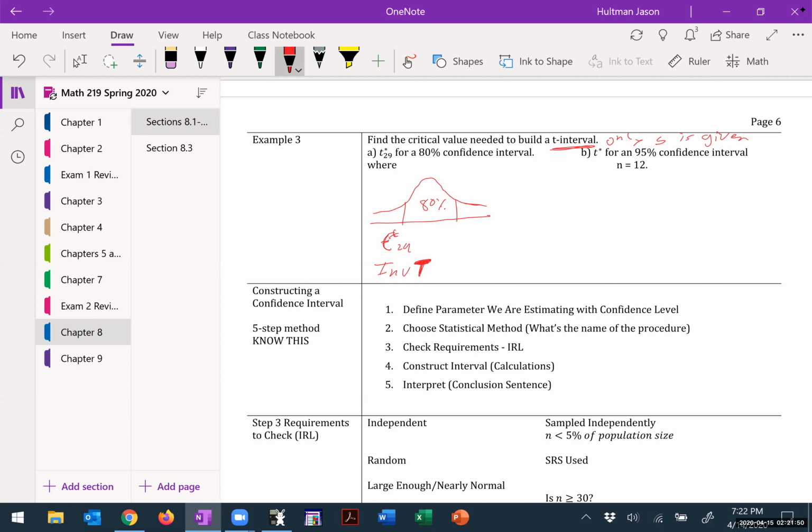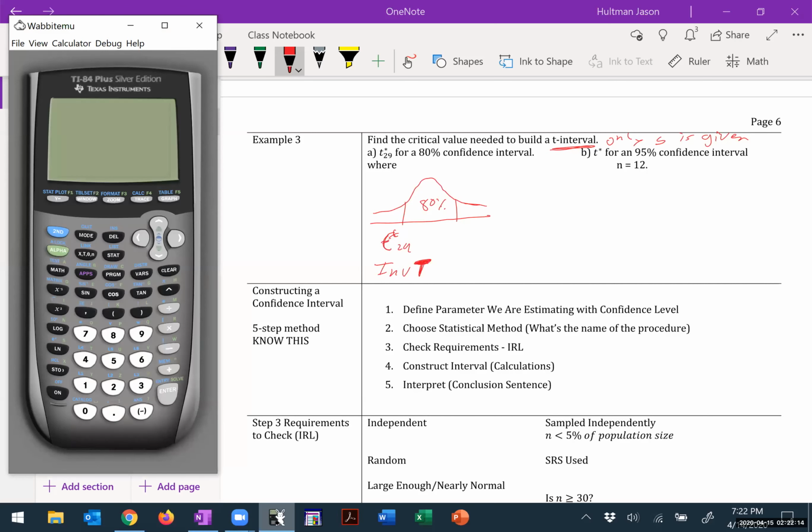It should be the one directly below inverse norm. So let's pull that up on the calculator and see what happens.